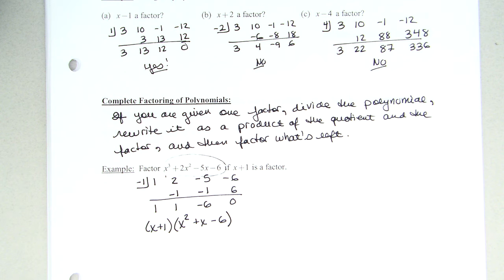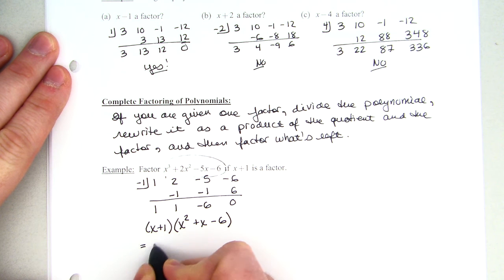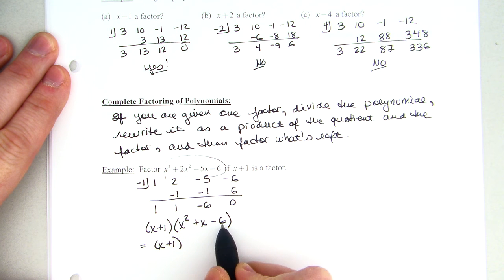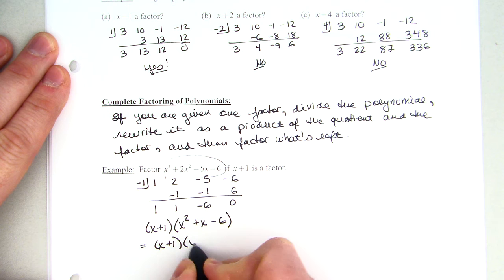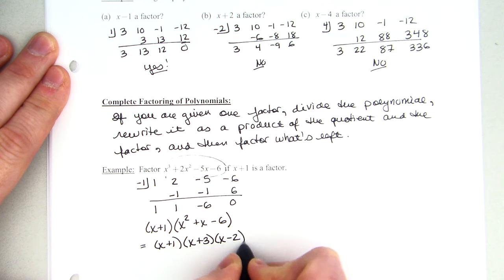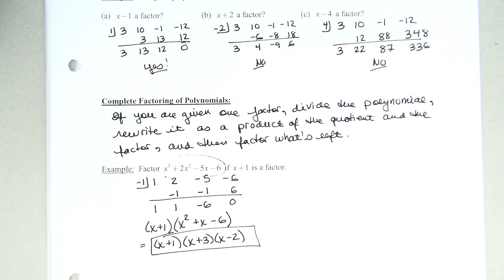Well, now we can keep going. We can factor what's left over here. That's going to give me x plus 1 times, looking for two numbers that multiply to negative 6 and add to 1. I'm thinking x plus 3, x minus 2. That original cubic can be factored into x plus 1, x plus 3, x minus 2. And that's the factoring.